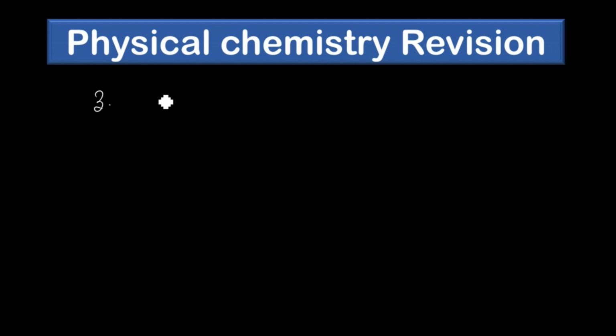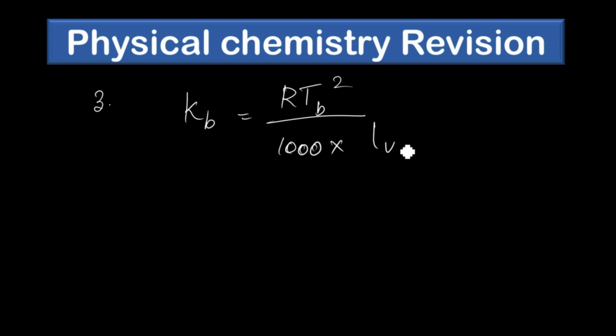The third one, which is our lowering of vapor pressure. Before that, I would like to tell you the relationship between these two. If they are asking for KB, which is equal to R TB square by 1000 into LV.